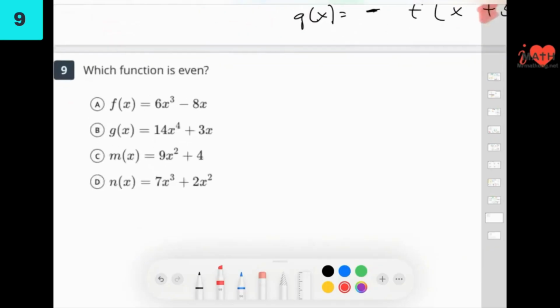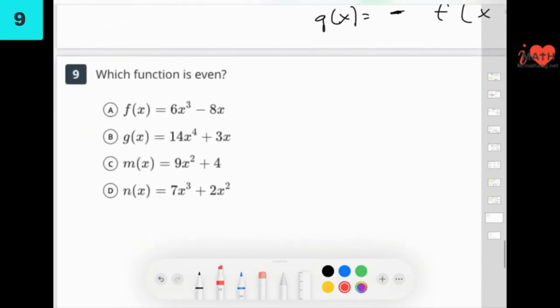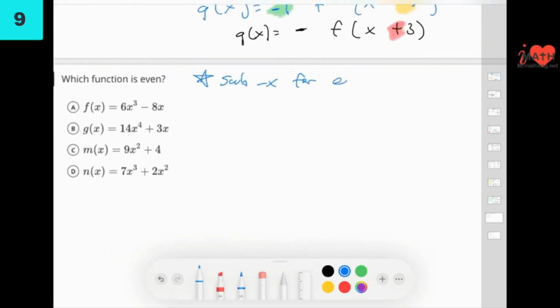Is even. All right, you could graph this, but we're meant to do these without a graphing calculator, so I'm not going to graph those. And then this is the problem where it's the star. Sub negative x for every x. And basically this is testing for symmetry.